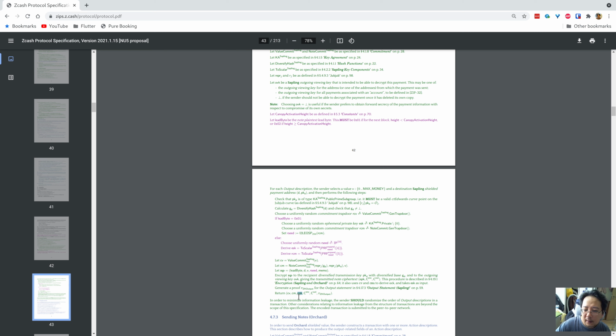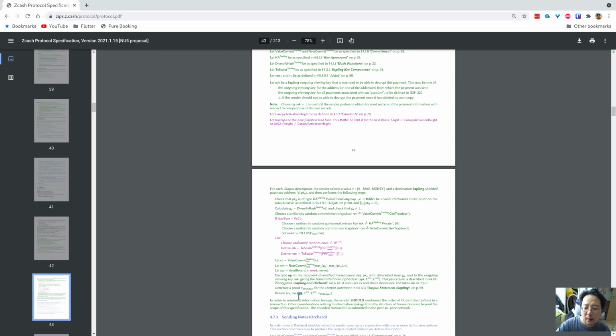They give the IVK, so you know which IVK to scan for. So you can make a wallet that uses that IVK and scans the blockchain, detects every payment that wallet or this account received. But you will not be able to know if that note has been spent later.